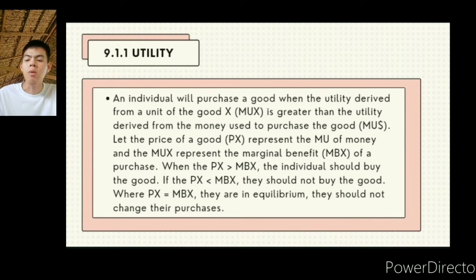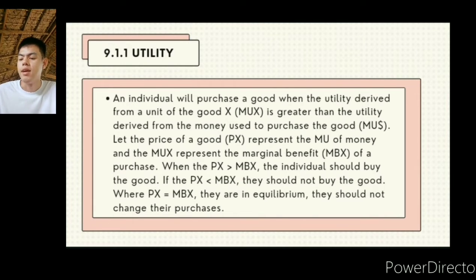Ang simpleng halimbawa nun ay bibili ka ng goods tulad ng damit, blue corner na lahat kasi para maka-discount ka at maaari mo pa itong dagdagan na naayon dun sa budget mo.